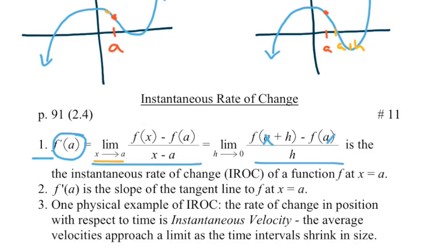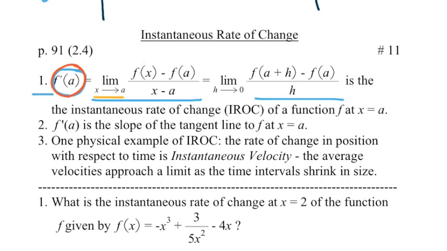And that is going to give us, instead of the derivative of a function, the derivative at a point, which is what we're looking for in this note card. So that's why it's f of a plus h minus f of a all over h. And that is the instantaneous rate of change, IROC, of a function f at x equals a.